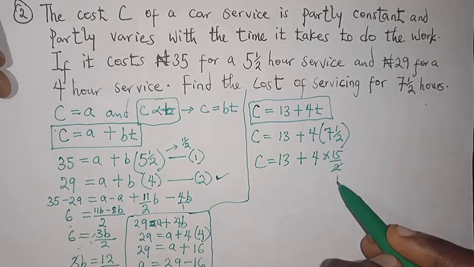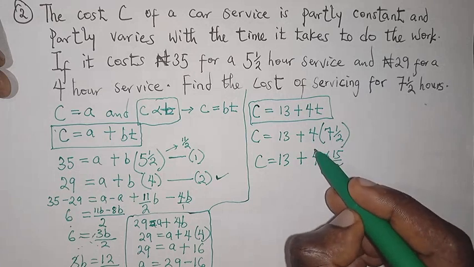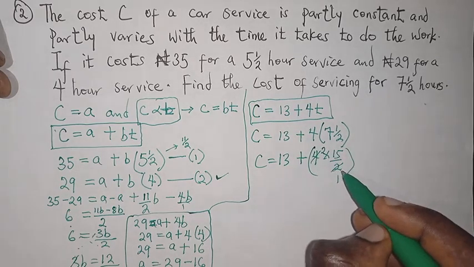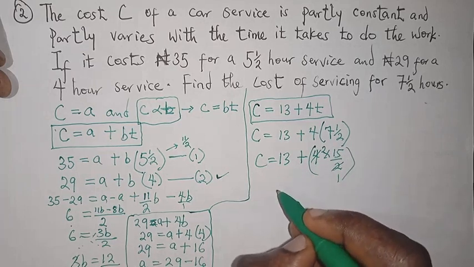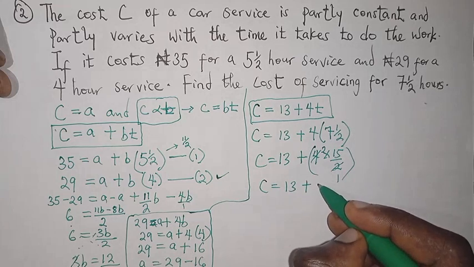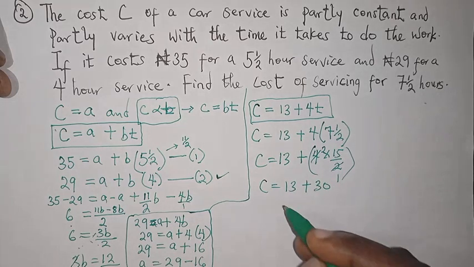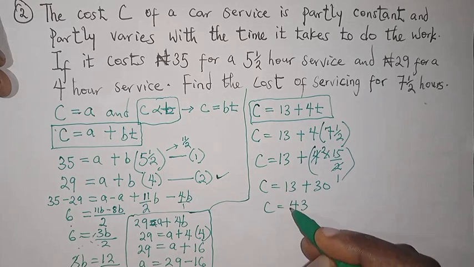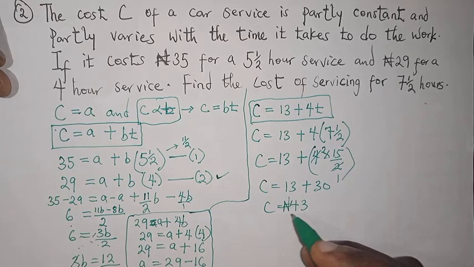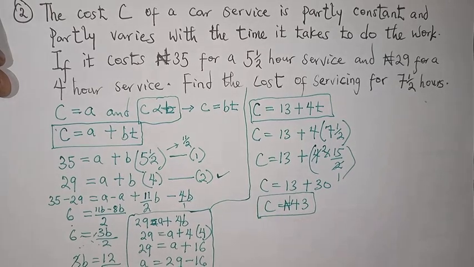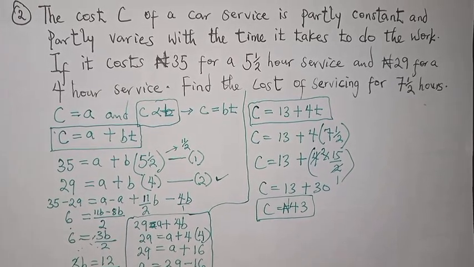At the end of the day, 2 goes into 2 once, and 2 goes into 4 twice. So 2 times 15 is 30. So C equals 13 plus 30. At the end of the day, the cost is 43 naira. So this is the cost for servicing for 7.5 hours.